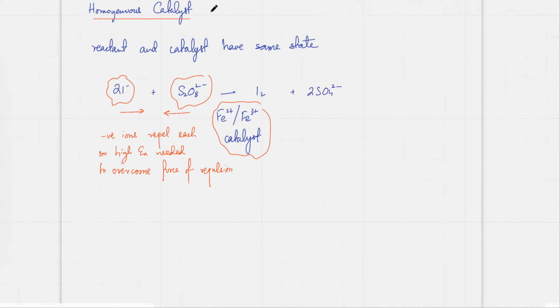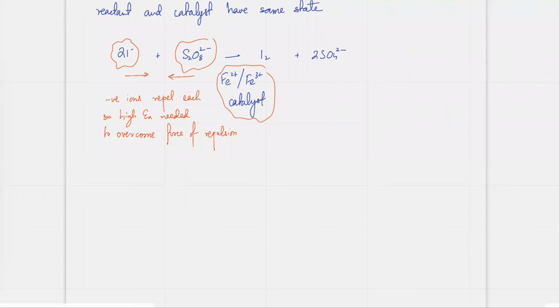And this one example is like you've got I minus 1 reacting with S2O8 2 minus, and they react to form I2 and 2SO4 2 minus. Now this reaction is extremely feasible according to electrochemistry. Like you have I2 plus 2 electrons, and they're in equilibrium with 2I minus 1.